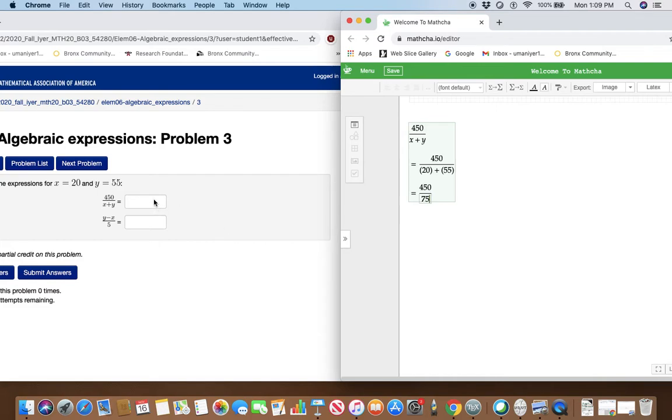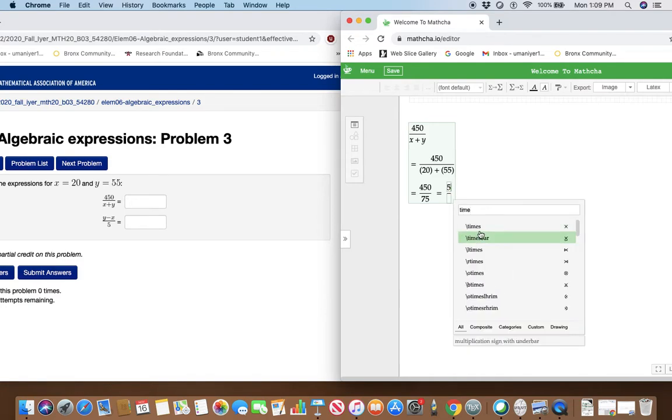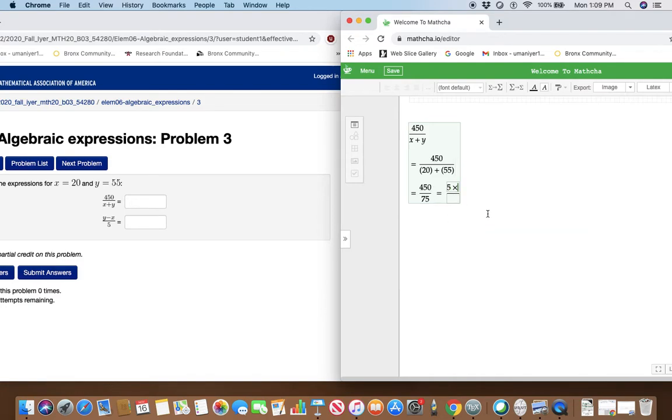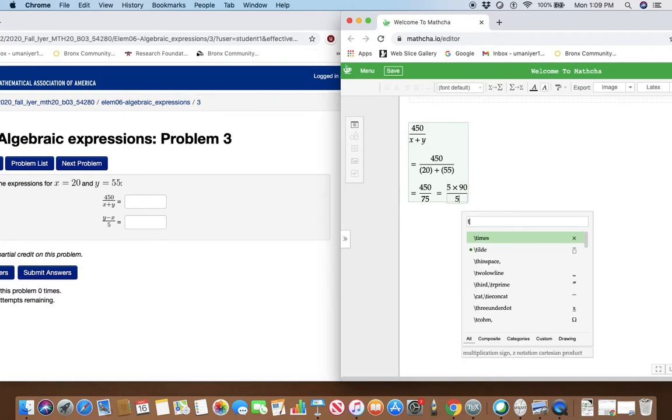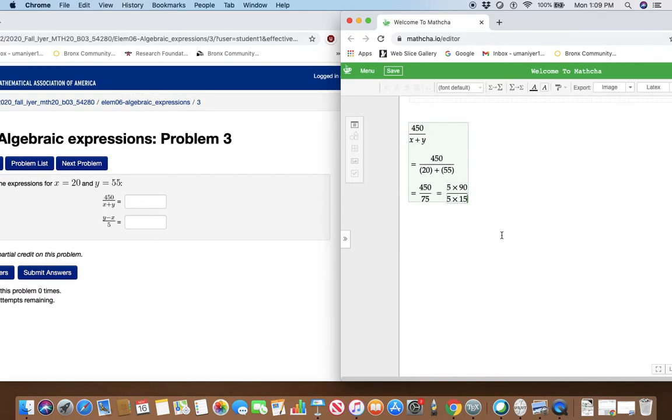75. Okay, you can reduce this, all right, if you like. If you see the numerator, you have a 5 as a factor, 5 times 90. Denominator 5 times 15. Okay, 5 common so that they cancel each other.